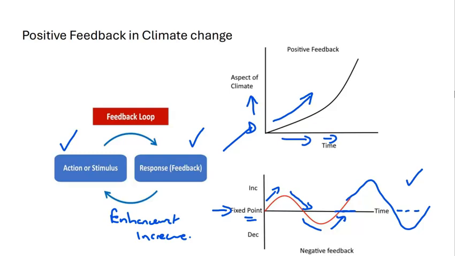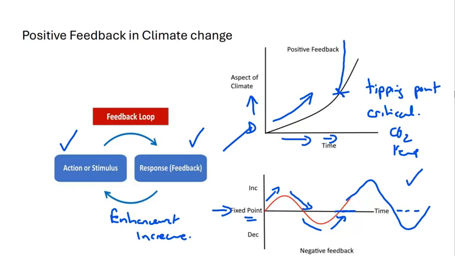Within climate studies, one of the concerns is that there may be, in fact, within this curve, what we might call tipping points. And these tipping points are critical values of the system, such as carbon dioxide levels or temperatures, and they result in a sudden acceleration even beyond the projected positive feedback levels, and the system may become increasingly out of control.